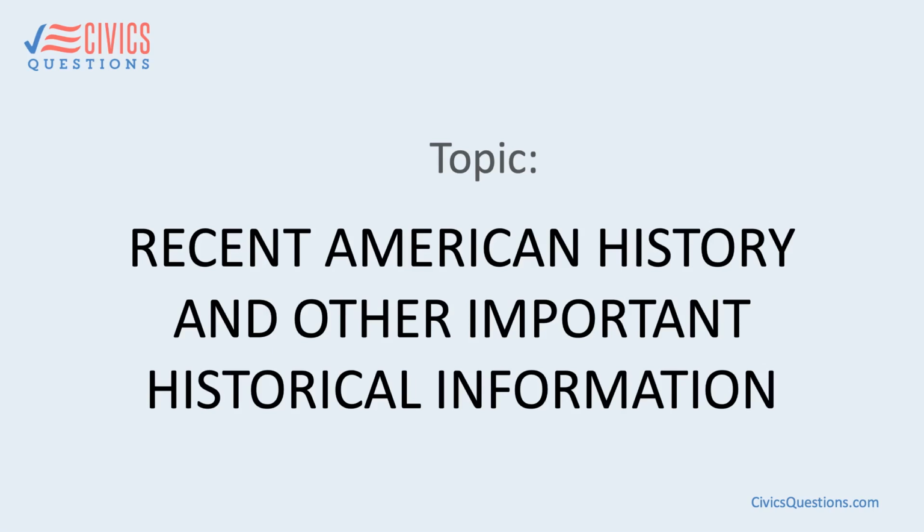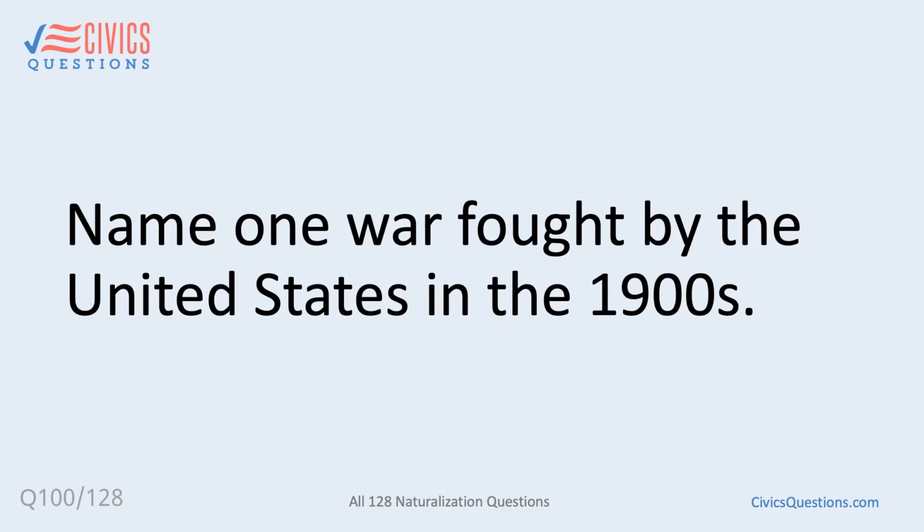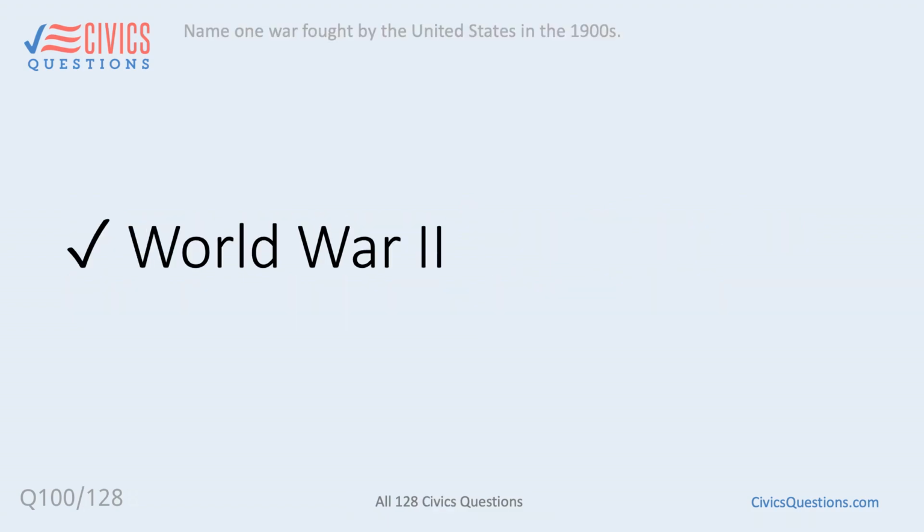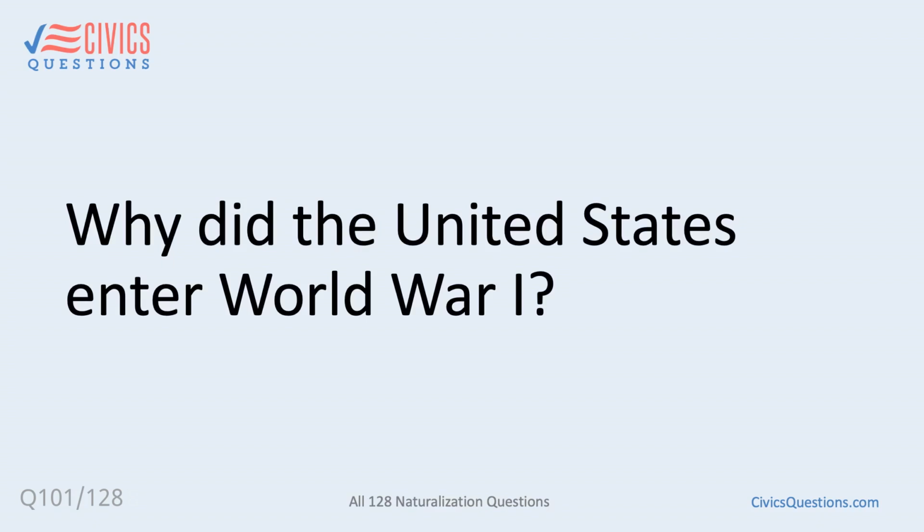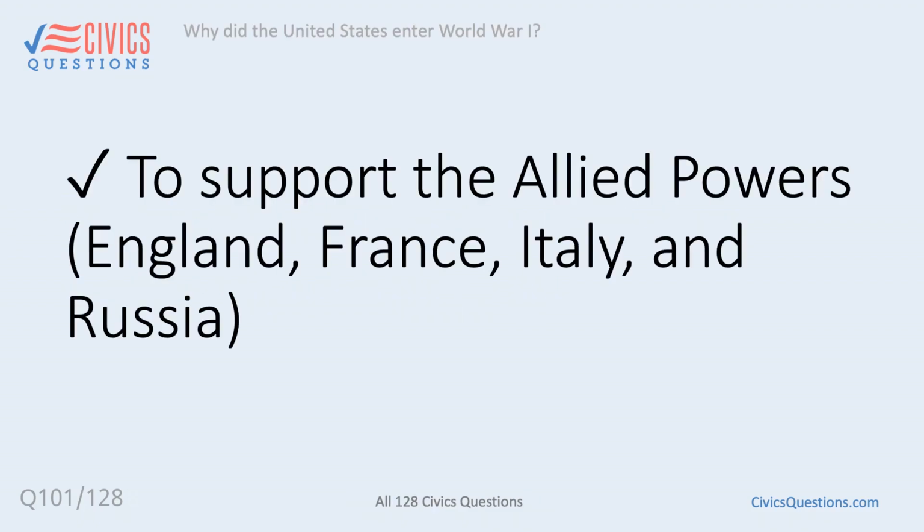Recent American history and other important historical information. Name one war fought by the United States in the 1900s. World War II. Why did the United States enter World War I? To support the Allied powers, England, France, Italy, and Russia.